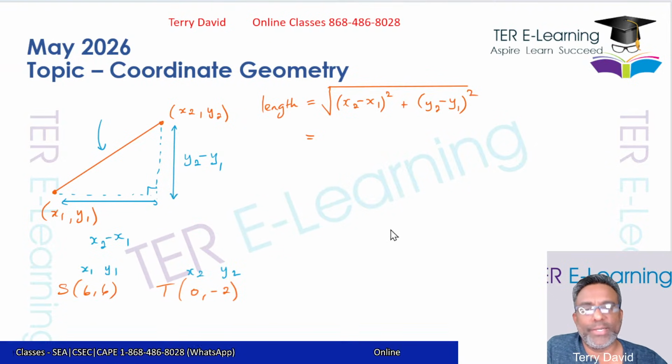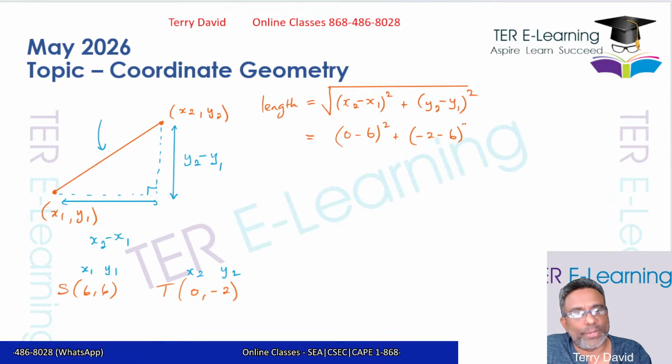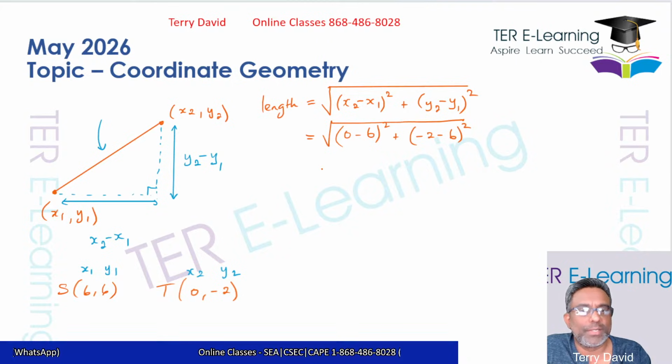All right, these are the 2 points here. So x2 minus x1, that'll be 0 minus 6 squared plus minus 2 minus 6 squared. And we're going to find the square root of all of this.